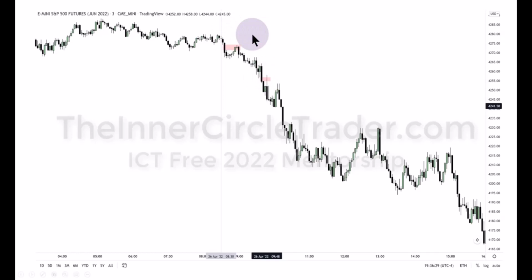But it may not do that. And price just remained heavy below both opening prices at midnight New York local time and 8:30 New York local time. So everything was extremely bearish and it was so heavy it could not mount any meaningful rallies.